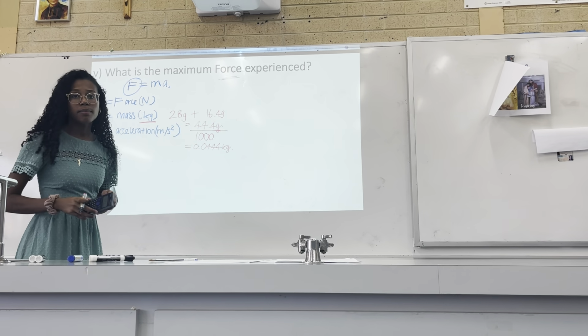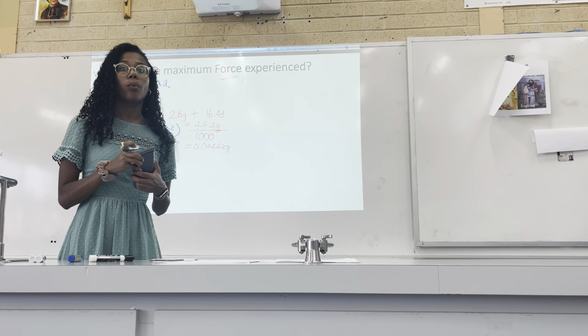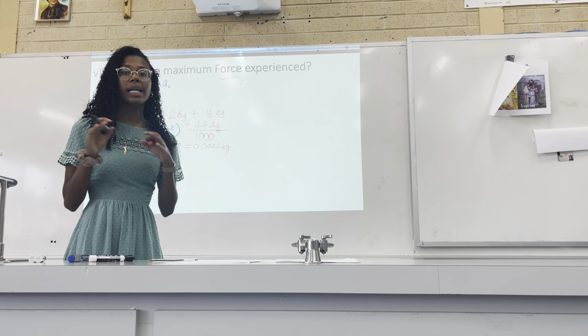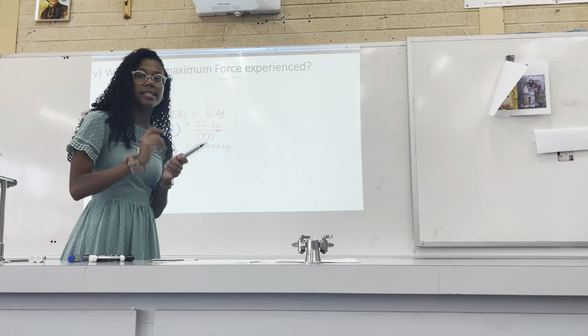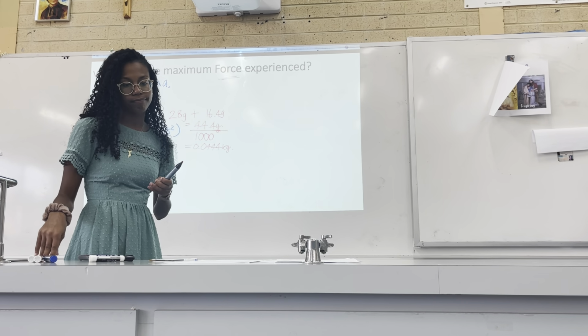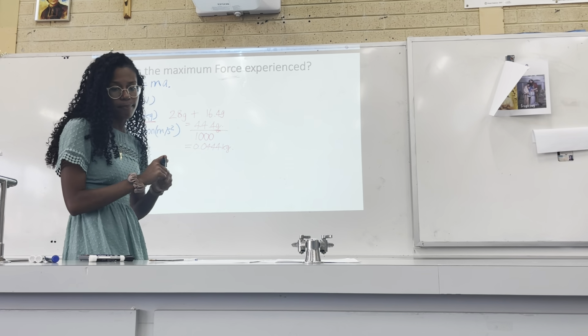To make it easier for everyone, I have already weighed all of your rockets. We didn't have time in class, so you can find it in the same post that includes all of your data.